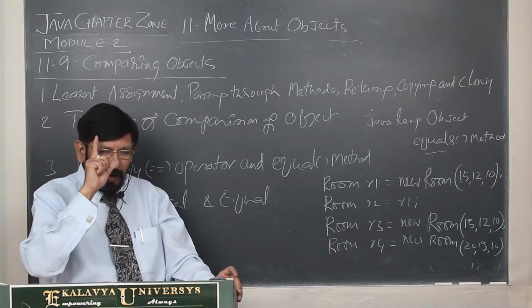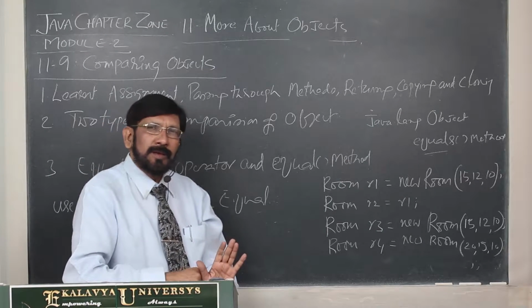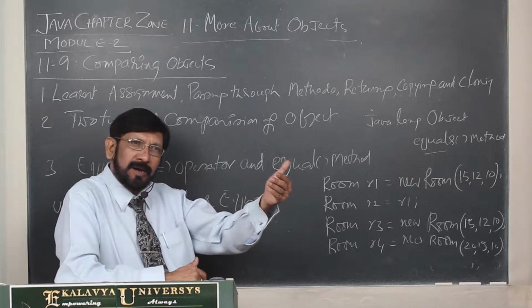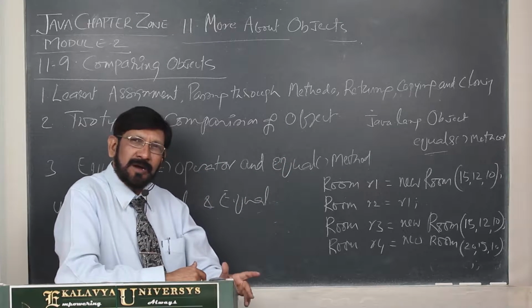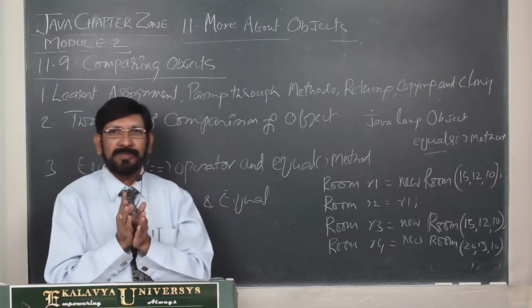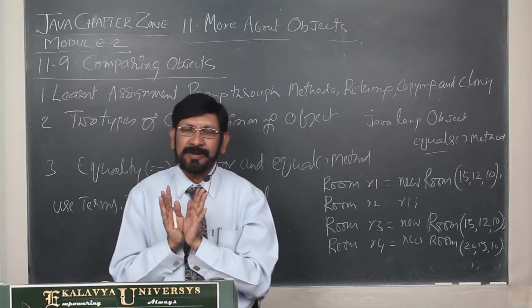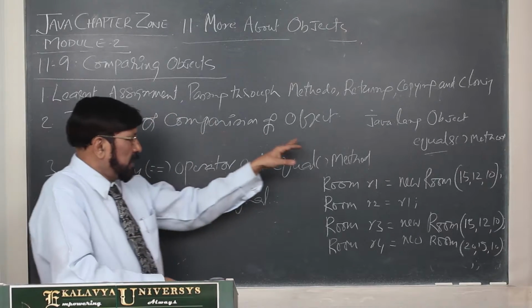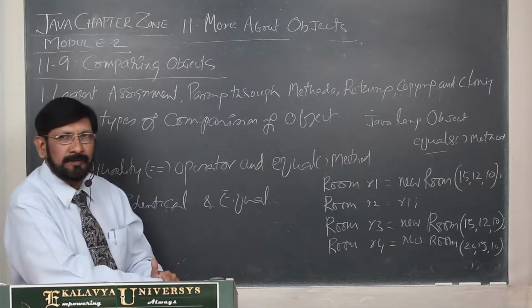So always keep that in mind when you are comparing: whether you are comparing object references or real objects, you must know. For that, the procedures are entirely different. That point you must remember and proceed. That's why I am discussing it as a separate part.